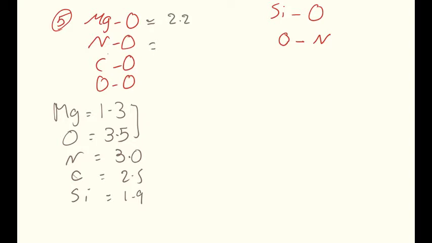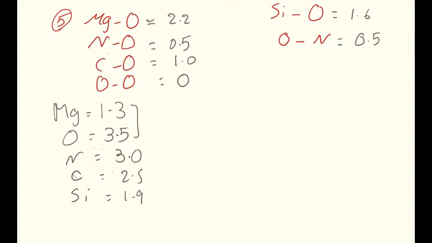N and O, 3.5 minus 3, equals 0.5. C and O, 3.5 minus 2.5, equals 1. O and O, 3.5 minus 3.5, equals 0. Si and O, 3.5 minus 1.9, is 1.6. O and N is the same thing, 0.5.